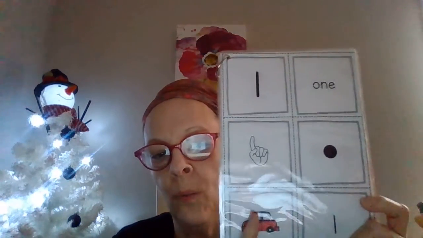It's a big zero. So that's when you have nothing. Then there's the number 1. See, he's holding his fingers up just like me. 1. That's how you write the symbol 1, and that's the word 1. 1 car and 1 tally.